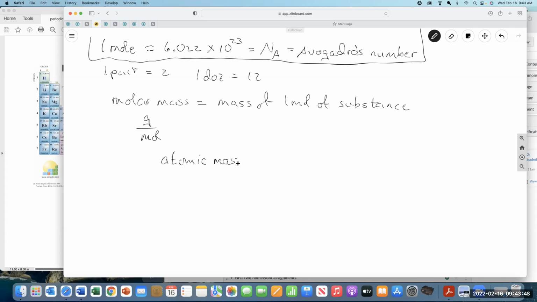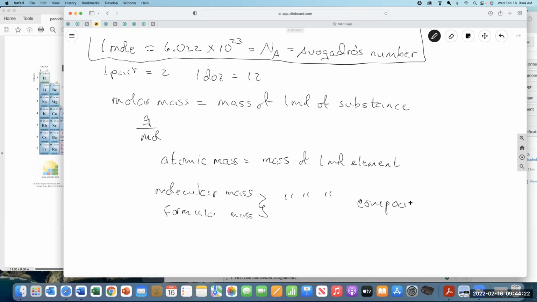Atomic mass is the mass of 1 mole of atoms of an element. And a molecular mass, also called a formula mass, is the same thing, but it's for a compound. We'll deal with that in the next lecture.